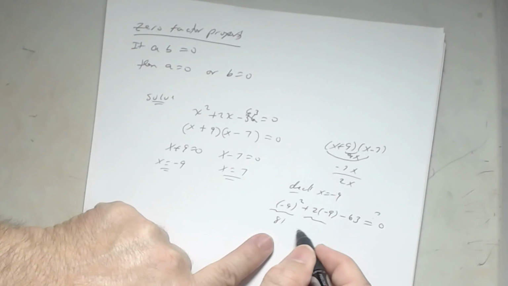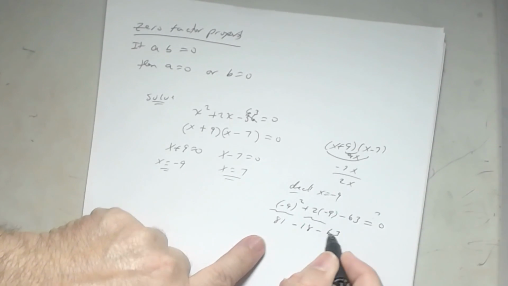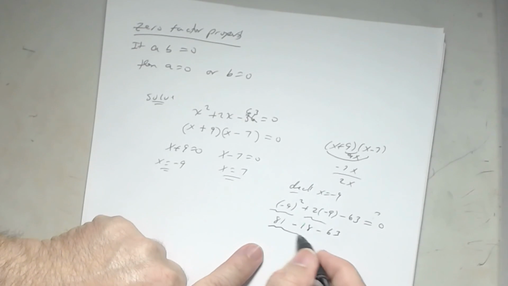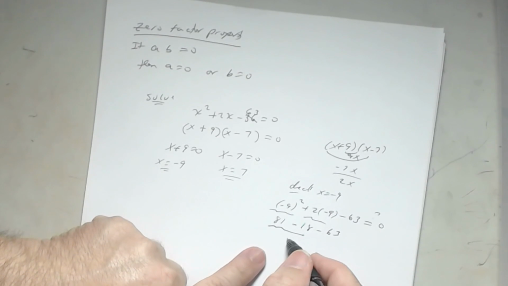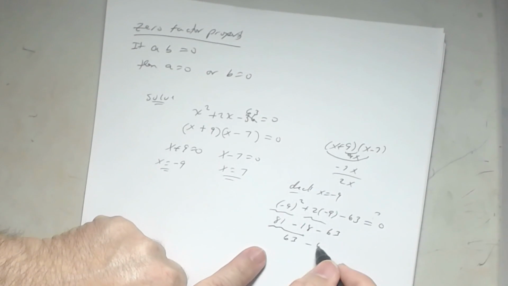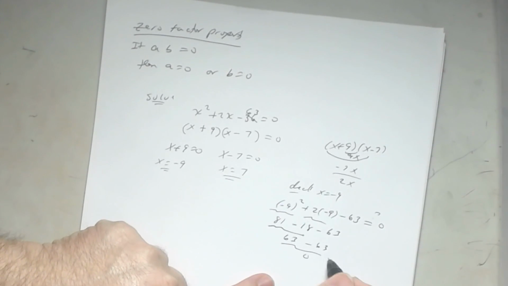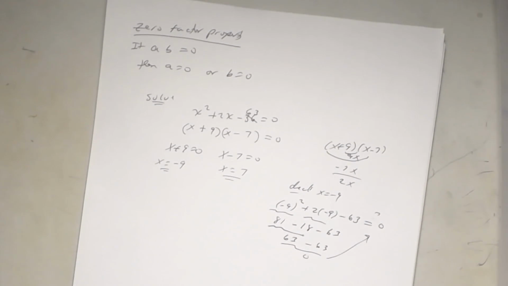What's 2 times negative 9? Negative 18. Then minus 63. On your calculator, 81 minus 18, and then subtract 63, and you get 0, which is what you wanted. So negative 9 works. If you plug in 7, it'll work also.